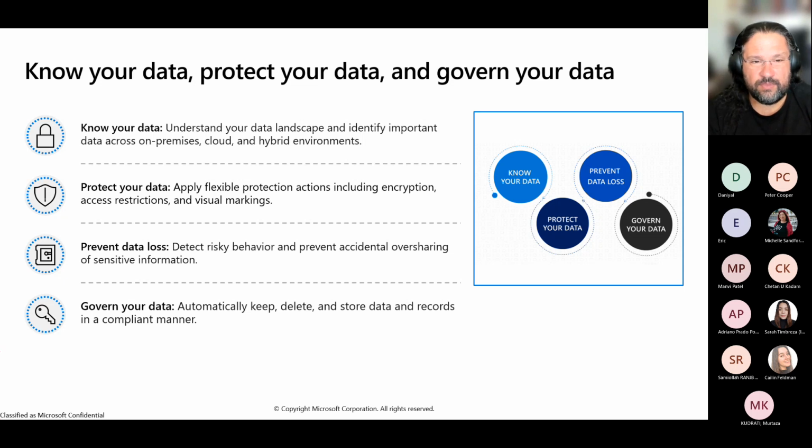Now, a label is just a label to give a user a visual marking, but then you can also use those labels in the compliance systems. So if this document is labeled general, do nothing. If it's labeled confidential, then you can make it so that only certain people in your business are able to get it, or that it's not allowed to leave your Office 365 tenant.